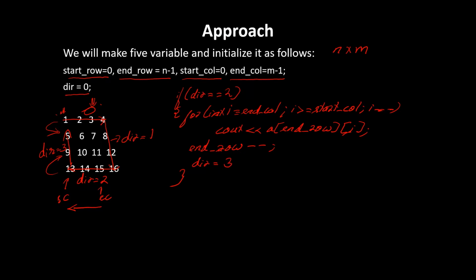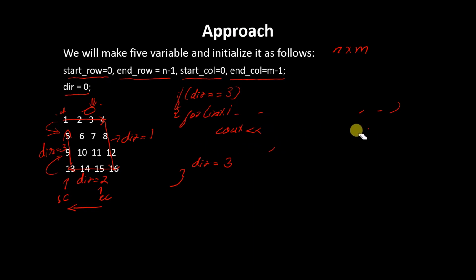So let's see for direction 3 what we have to do. We have to update our conditions here. For direction 3, we have to start from end row and go till start row in this direction.